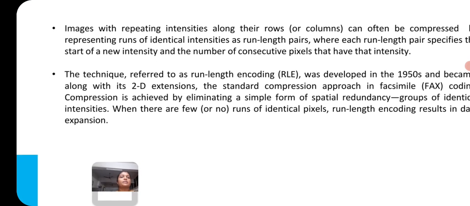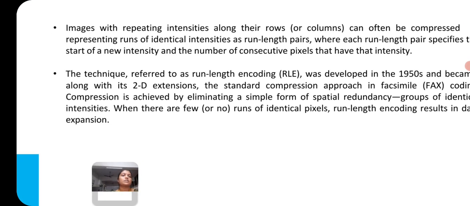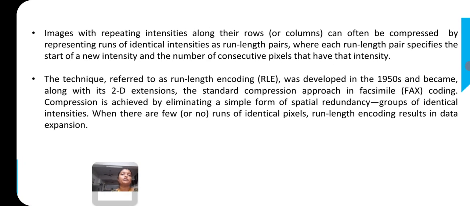Images with repeating intensities along their rows or columns can often be compressed by representing the runs of identical intensities as run length pairs, where each run length pair specifies the start of a new intensity and the number of consecutive pixels that have that intensity.